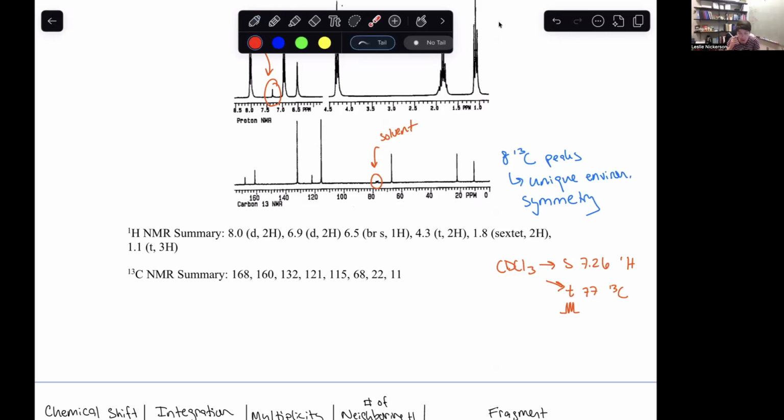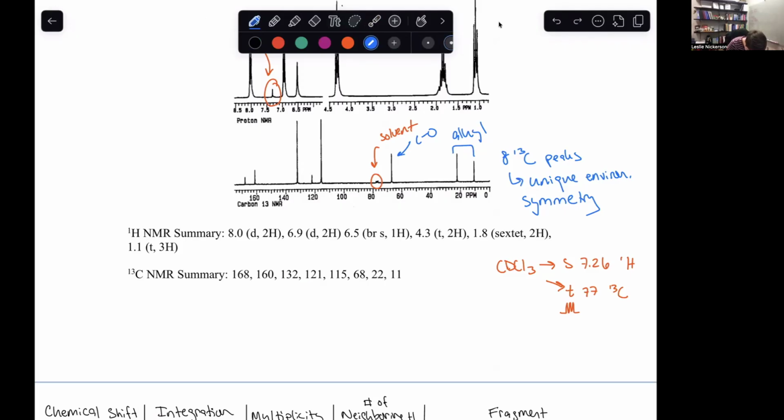Then I'm looking for just kind of big chunks of information here. So I've got some alkyl carbons. I've got one carbon that's in the C-O, C-electronegative region. I'm just going to keep it as C-O though, because I know that the only electronegative atom that I have access to is oxygen, based on my formula.